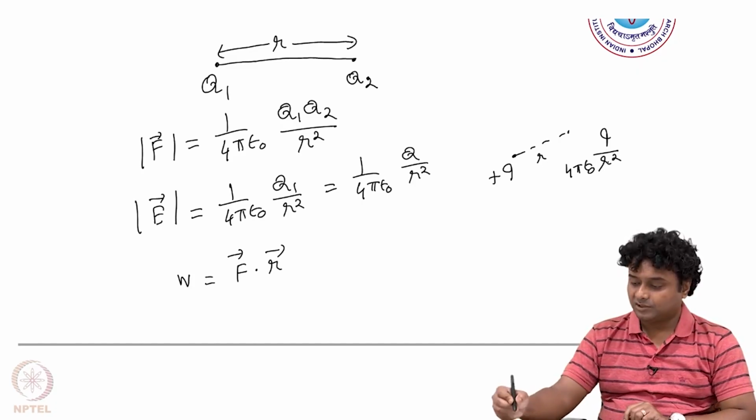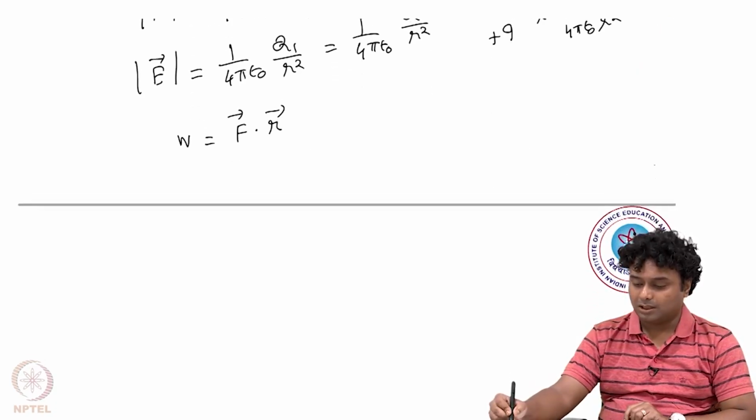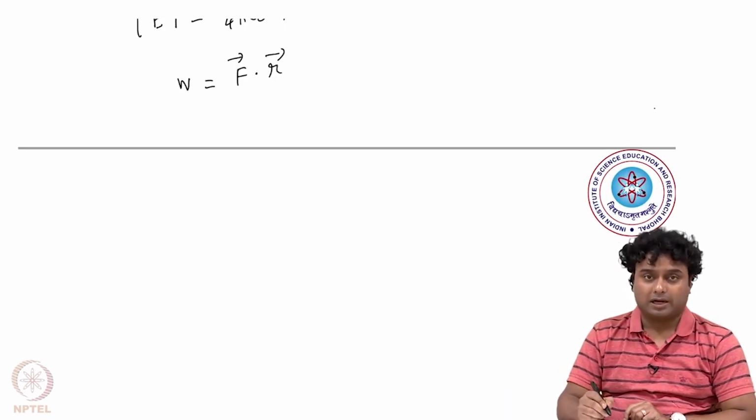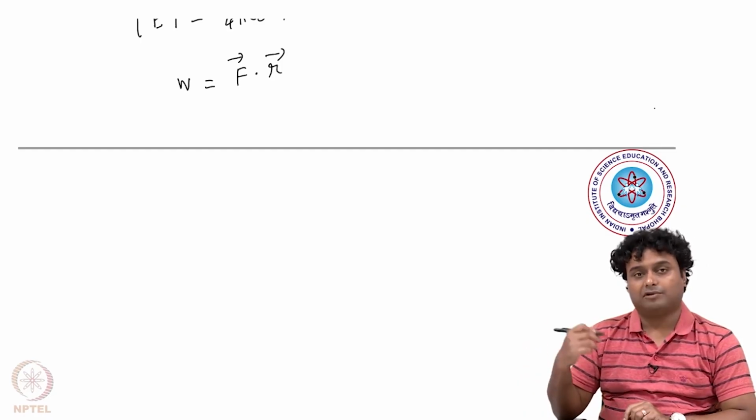So while we are calculating the work done to bring a charge from infinity to some point r, let's say we are bringing a charge of 1 coulomb from infinity to some point at r.